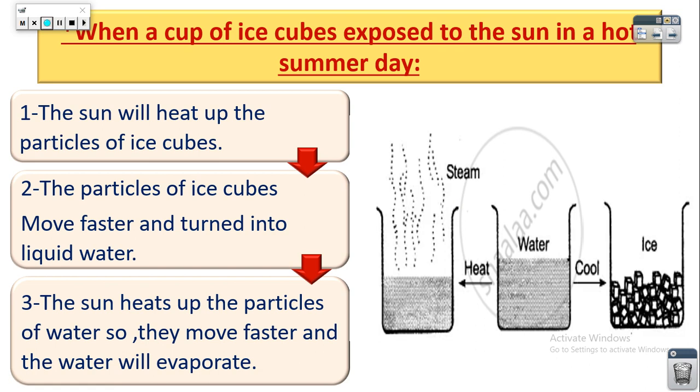The same thing happens as in melting. The particles of water have more space. When we increase the temperature of the water, the particles move faster and the space between them increases, so the space changes from more space to a lot of space, so the liquid state changes into the gaseous state.